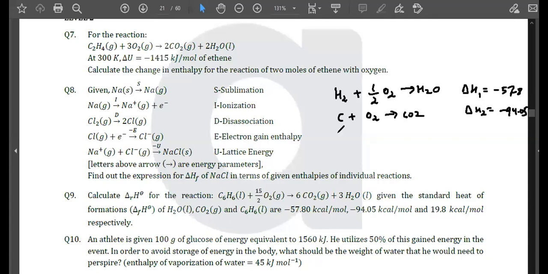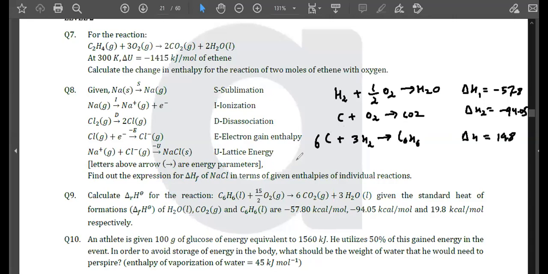And third, C6H6: 6C plus 3H2 gives C6H6, and in this case delta H is equal to 19.8, right? Right, everyone?